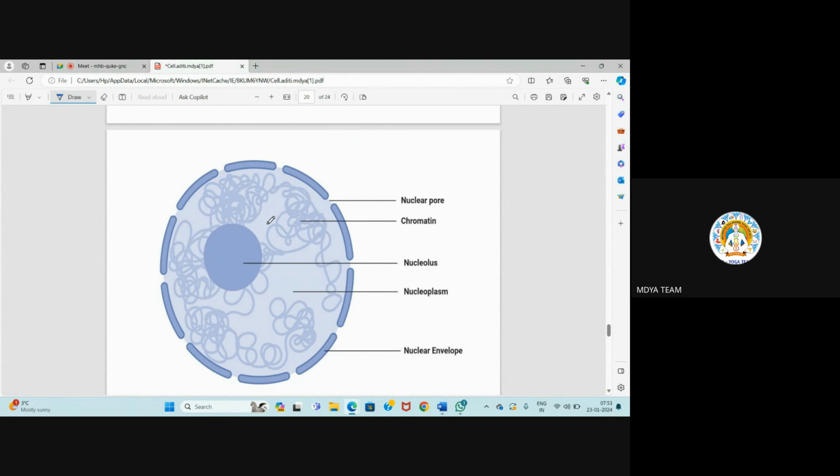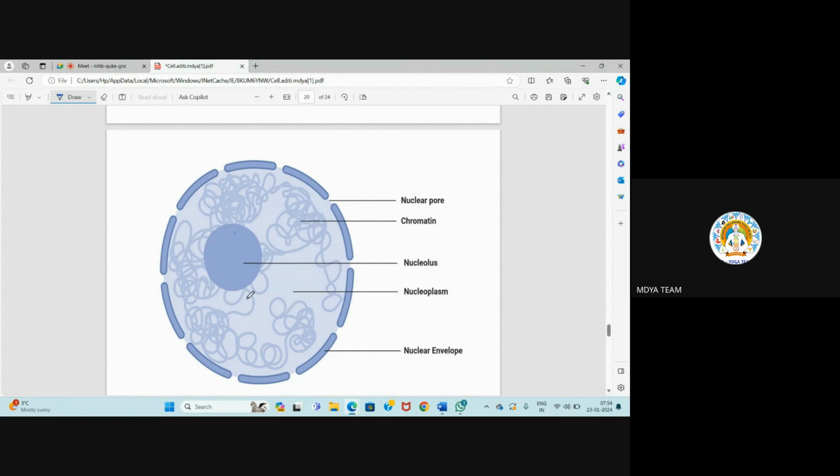Just like cell is having nucleus, like that only nucleus is having nucleolus inside nucleus. Okay, see the similarity between cell and nucleus. Just like cell is having a nucleus inside it, like that only nucleus is having nucleolus inside it. And covering the nucleolus, you can see several thread-like structures inside nucleus.